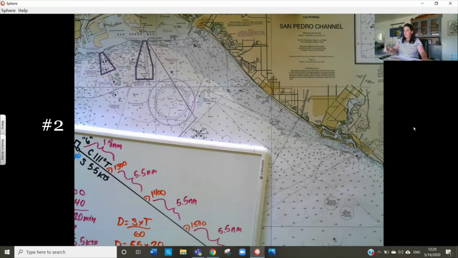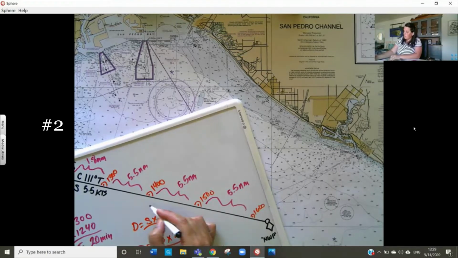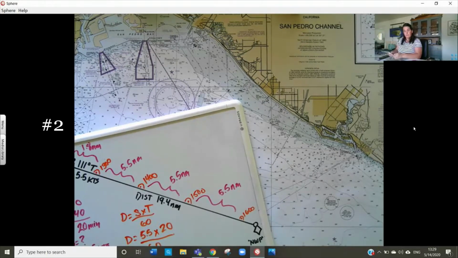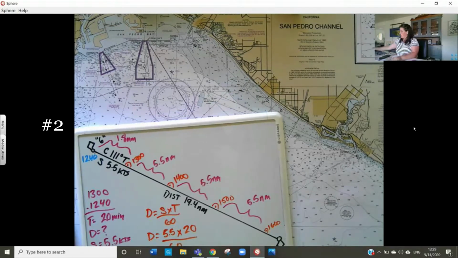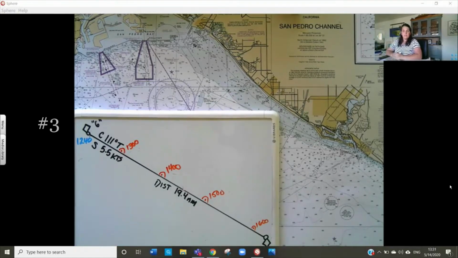So I have that 5, 10, 15, 4.4 gives me a distance of 19.4 nautical miles. That's the total distance. Our total distance was 19.4 nautical miles.